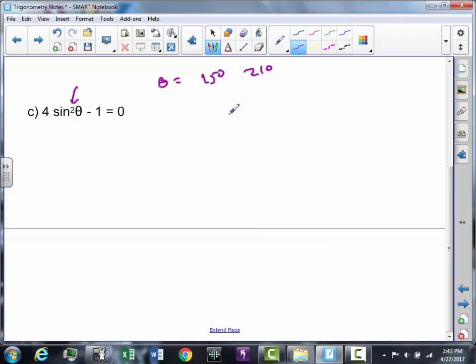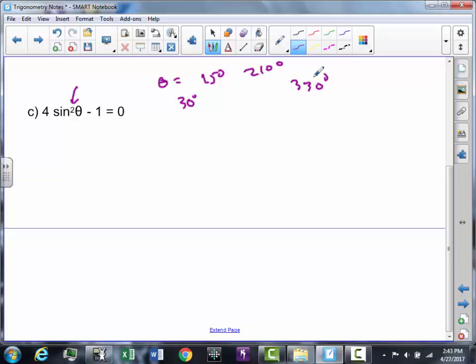Anybody else? Okay, never mind. And I think the last one's 330, just to save you some time. You could find that with your graphing calculator. You possess that ability? Okay.